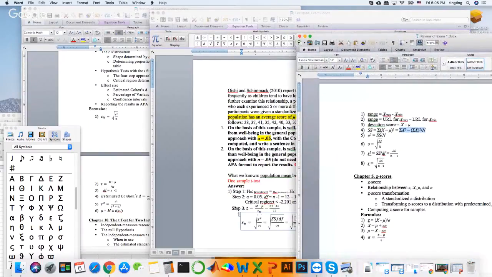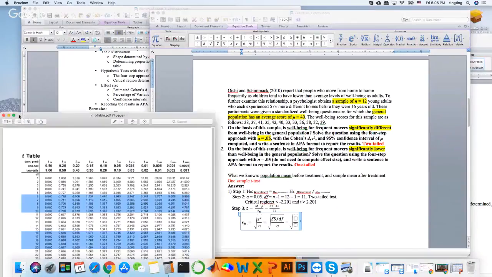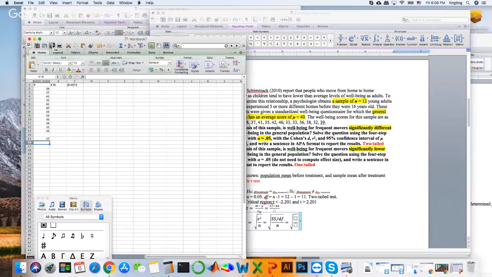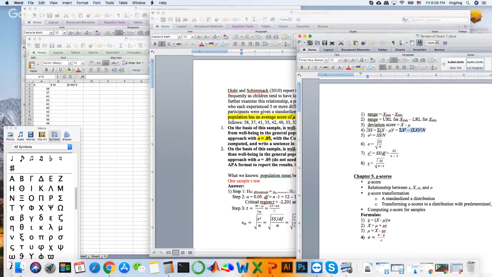So here, because the mean is an integer, it's very easy to compute. That means we can use the definition formula to compute the SS. So we use this formula.